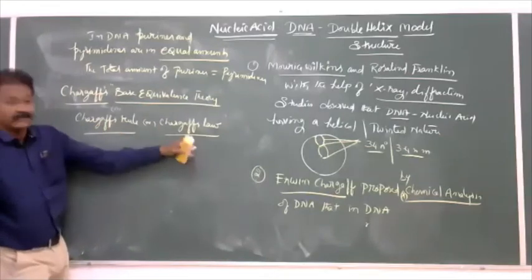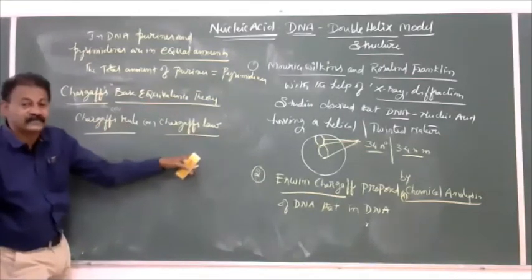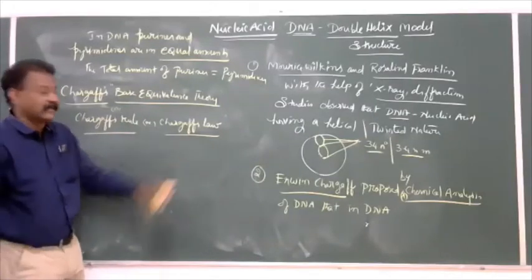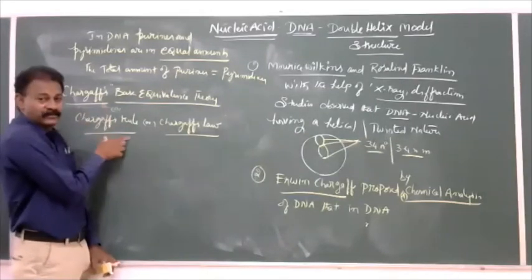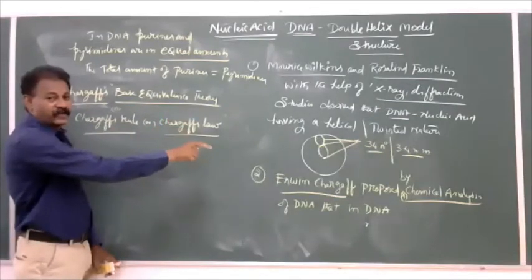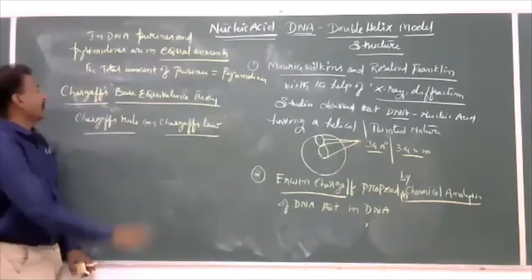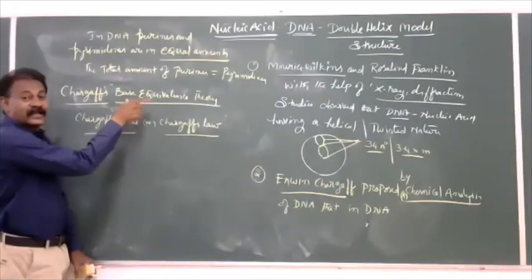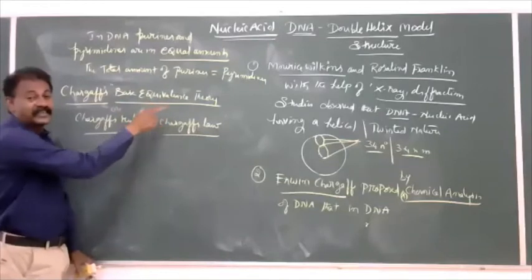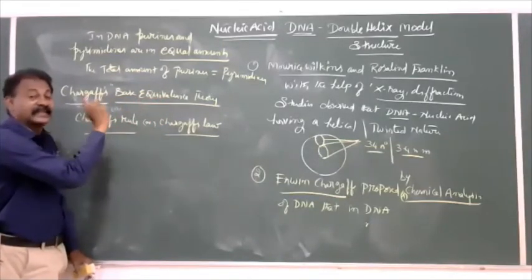Chargaff's law states that in the DNA, the amount of purines and pyrimidines are in equal amounts. Or Chargaff's rule says that in the DNA molecule, the amount of purines and pyrimidines are in equal ratios. Or it is also called base equivalence theory or base equivalence ratio according to Chargaff in determining the structure of DNA.